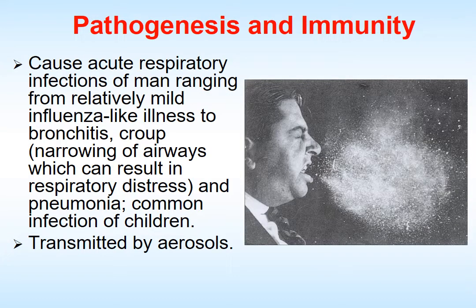And if we are speaking about pathogenesis and immunity, we understand that we are speaking about acute respiratory infection, and it can be a mild influenza-like illness, sometimes bronchitis, croup, and as a result respiratory distress and pneumonia.